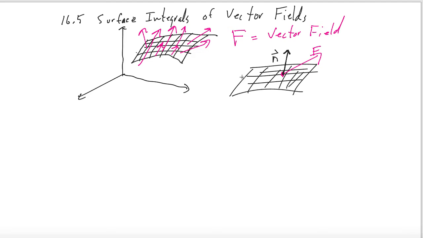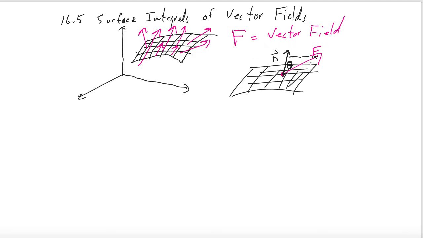Now, to make this brief, we want to know at this point how much of this force or this vector field, and it can be a force field too, how much of this vector is contributing in this direction. And to make a long story short, if you remember, the dot product between these two is involved in calculating the projection.